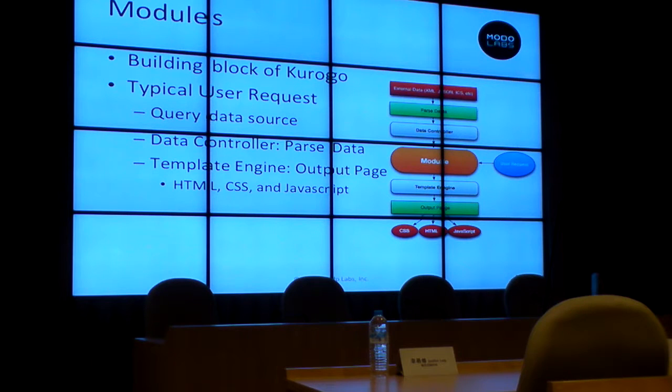And you're parsing the information that's coming from these different data sources. And then the logic is there to really piece it together. And from there, we're using the templating engine to output the pages to the appropriate types of devices that are out there.